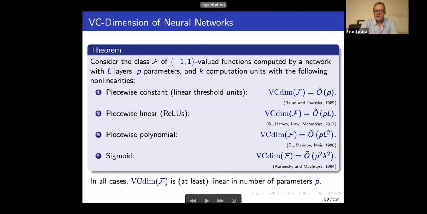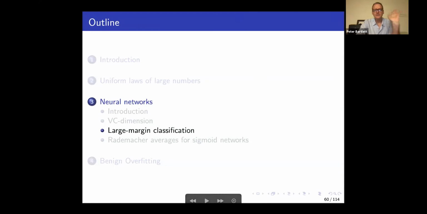Okay, so just going back to this conclusion, the punchline there was that this VC dimension is always at least linear in the number of parameters, which suggests you should have a sample size that grows proportional to the number of parameters, and maybe as something bigger. But even back in the 90s, it was already clear this was not true.